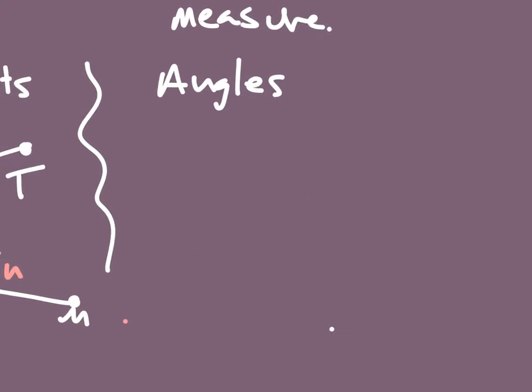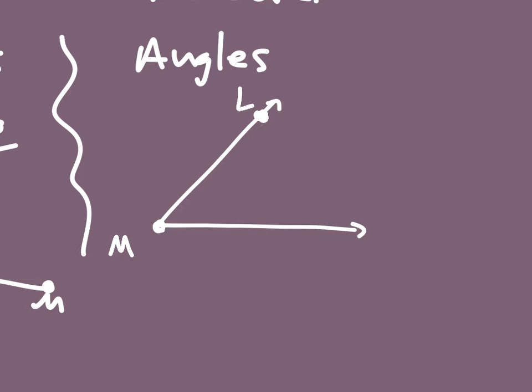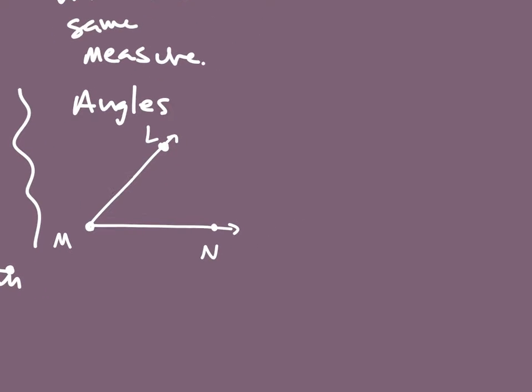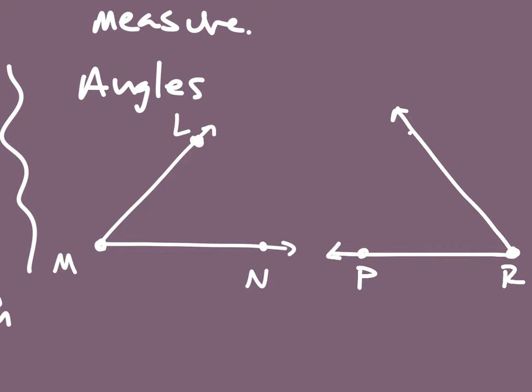Let's talk about angles. Let's draw a couple of angles here. I'm going to draw an angle that looks like this, with a vertex of M, L, and then N. Then let's come over here and draw a similar angle going like this, and we'll call this PRQ.